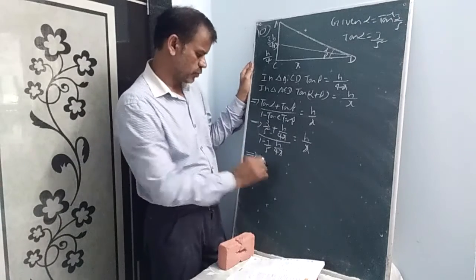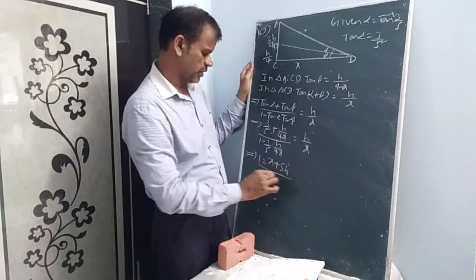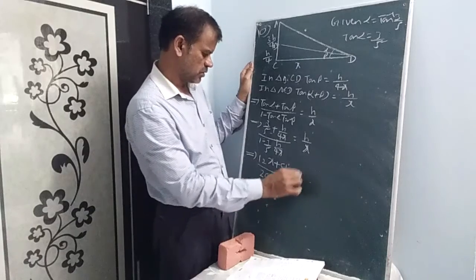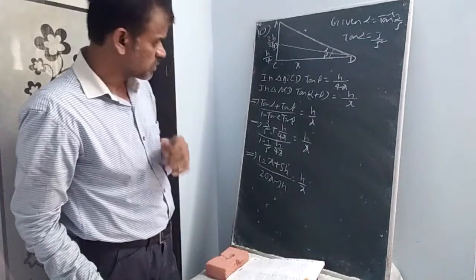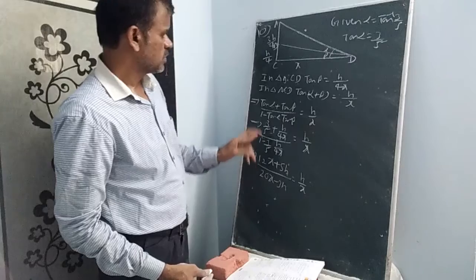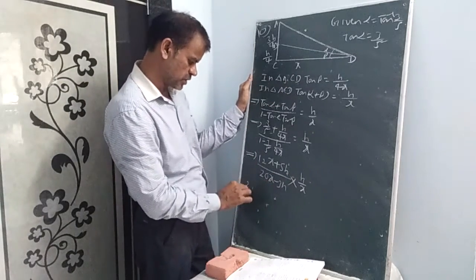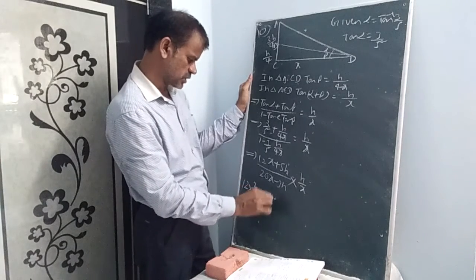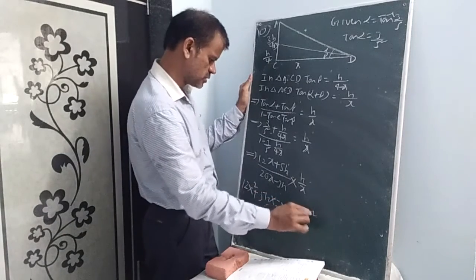Take LCM: (12x plus 5h) by (20x minus 3h) equals h by x. Let us do cross multiplication: 12x square plus 5hx is equal to 20hx minus 3h square.